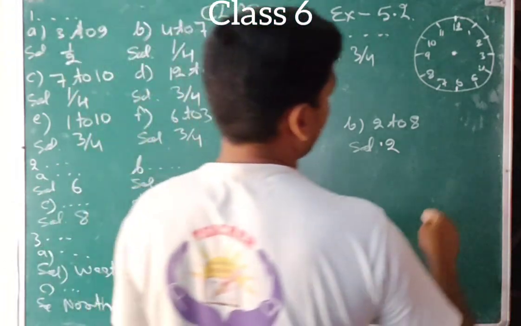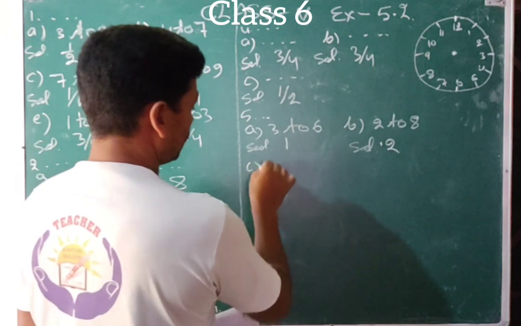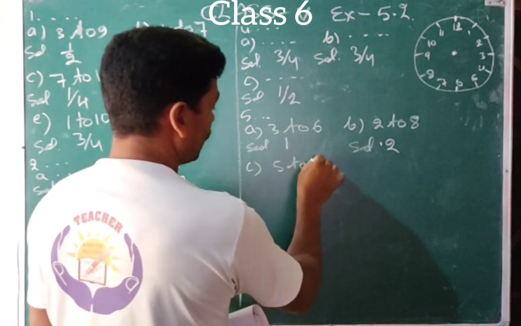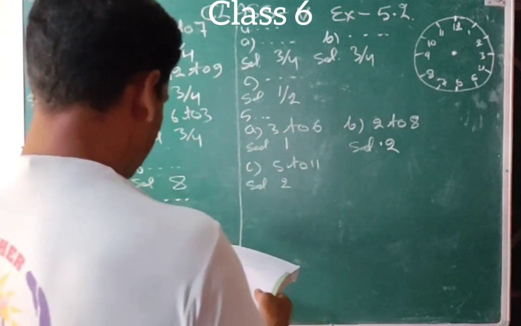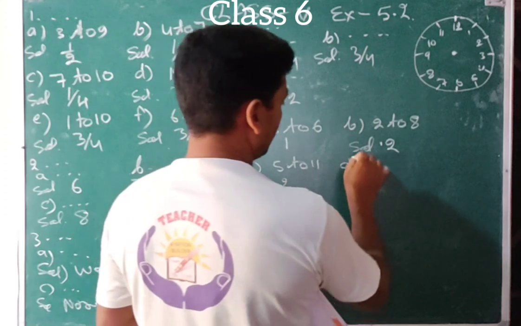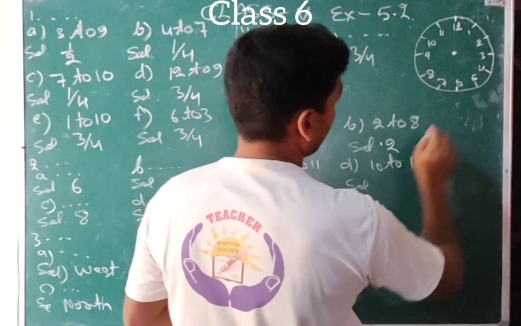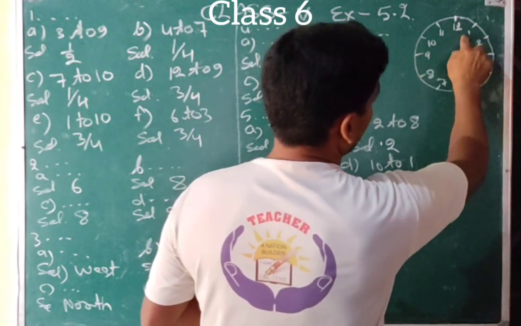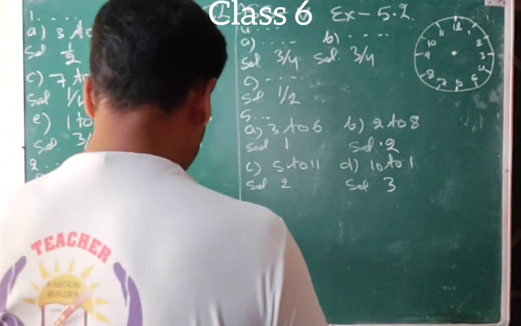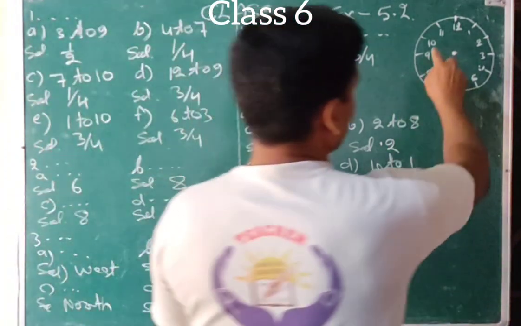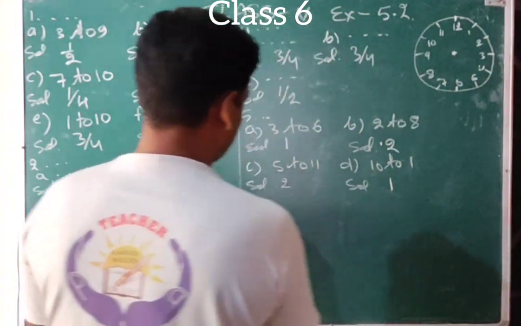C part, 5 to 11, that will also be 2 right angles. D part, 10 to 1, that will be 3 right angles, clockwise going.